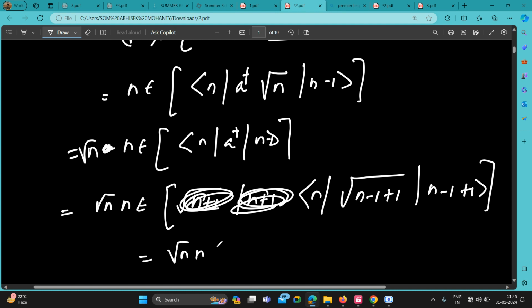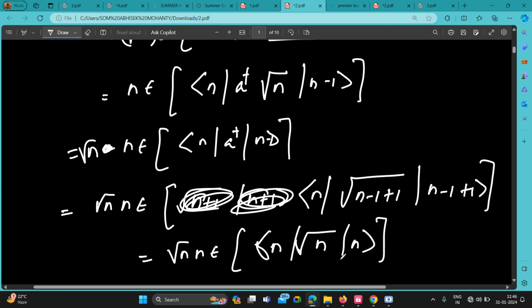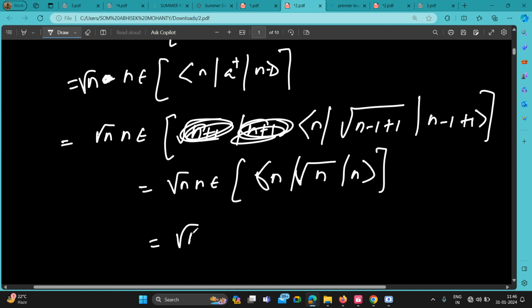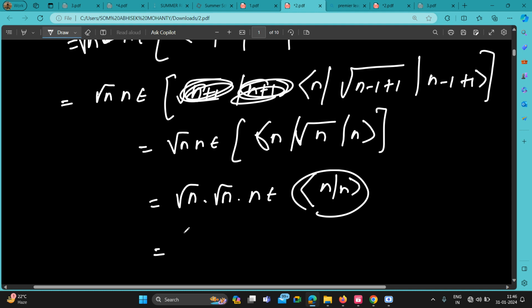So root n epsilon n. Root n goes out, and inside n is 1. So this is n into n squared epsilon. That will be the answer.